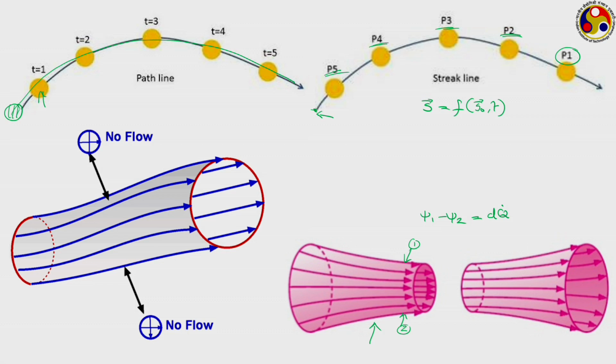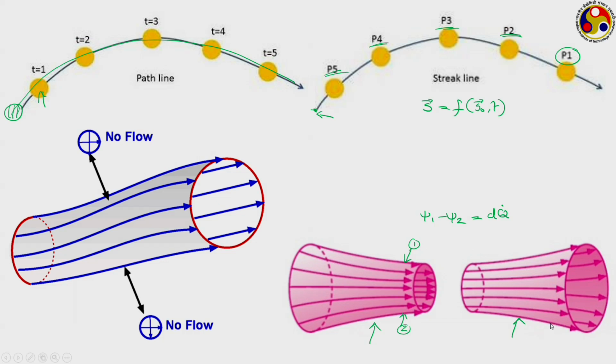As the velocity increases, the corresponding cross section area also reduces, and it will take this kind of shape. Whereas when the velocity is reducing, it requires a larger area to maintain a fixed volume flow rate. So, the stream tube will look like a diverging section.